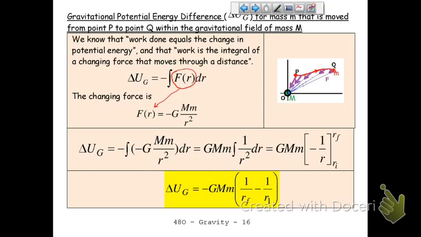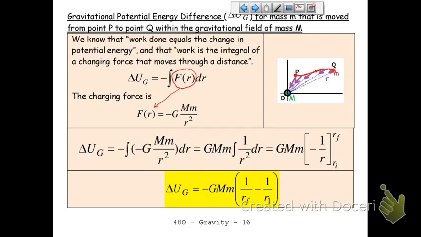We learned that before. So let's shove this through. My change in potential energy is equal to minus the integral of minus G big M little m over r squared dr. Oh, I can integrate that. That's r squared with terms to, yeah, that's fine. Take your constants out: G, M, m. Two negatives make a plus, so I've got positive in there. 1 over r squared dr. Oh, that's a piece of cake. G M m times minus 1 over r.